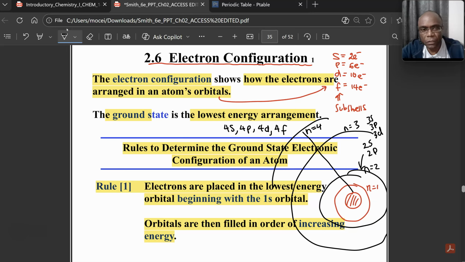So you're filling going this way. N equals 1 is going to be the least energy principal quantum energy level or shell. And in there, you just want to fill up the s. It's only the 1s that's in there, which is what is being stated here. That is rule number 1. I hope you understand now.